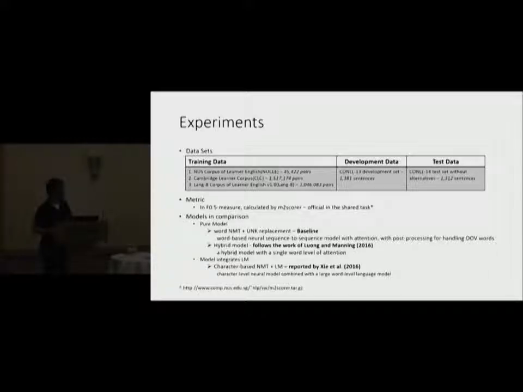Did you deal with this kind of scenario, or is your model able to deal with it? That's a good question. Right now we work based on pairs of sentence to sentence.